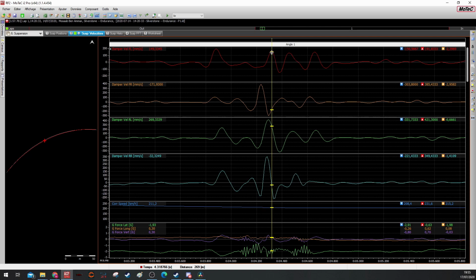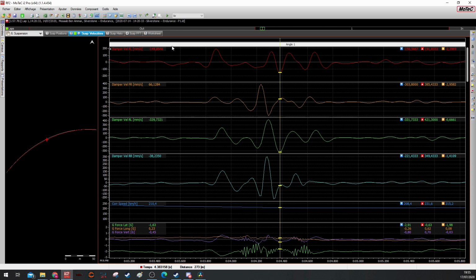So for example, in this example the rebound hit 149 millimeters per second, and the same thing goes for my compression. So this tells me that at this bump, I have a good setup regarding the fast rebound and the fast compression.